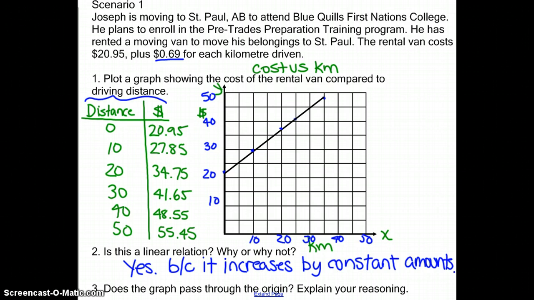Now, does the graph pass through the origin? No, it does not. So what type of linear relation is this? Partial. Good. So that makes this a partial linear relation.